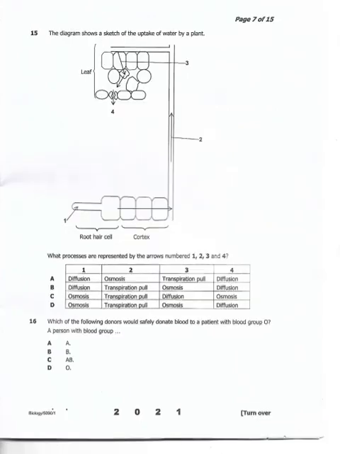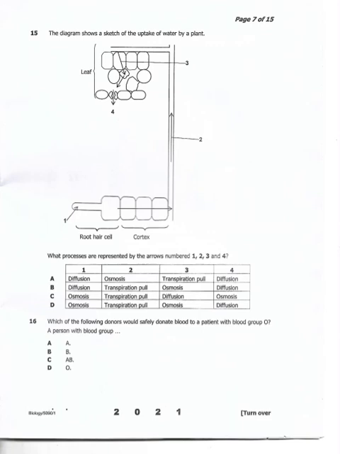Question number 15. The diagram shows a sketch of the uptake of water by a plant. What processes are represented by the arrows numbered 1, 2, 3, and 4?